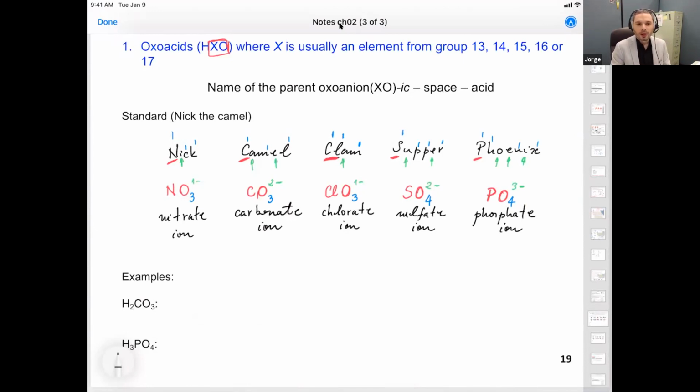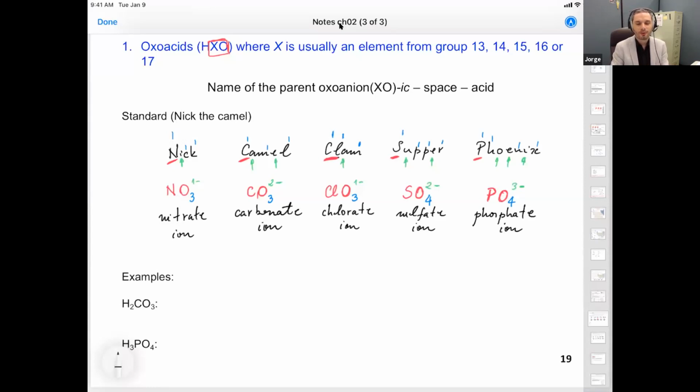Okay, oxoacids are very tricky. First thing is to remember the standard, use the Nick the Camel, and identify the formula of the oxoanion. So I showed you the most common that we are going to work with: nitrate, carbonate, chlorate, sulfate, and phosphate.